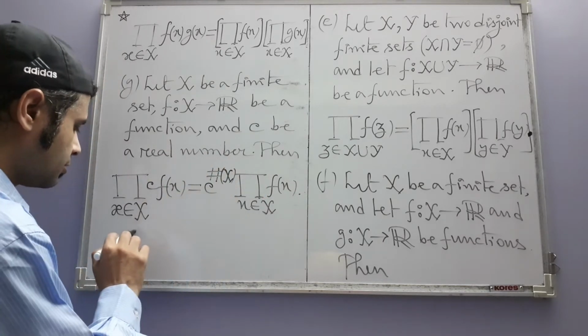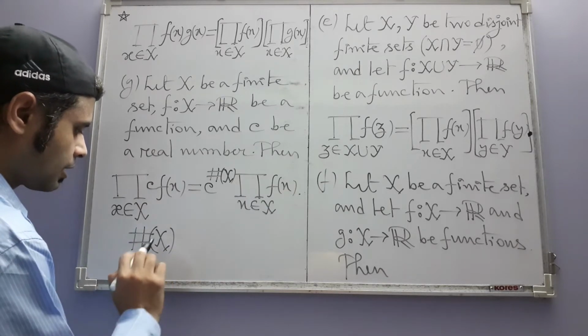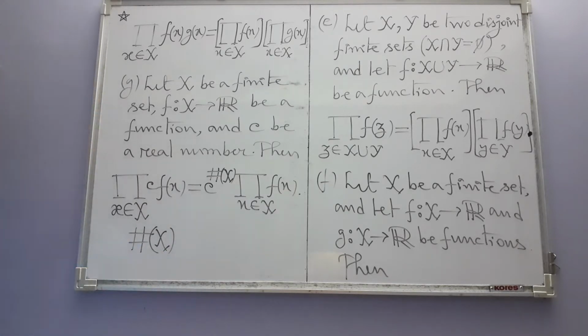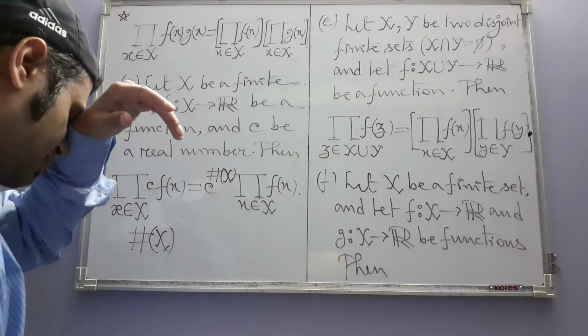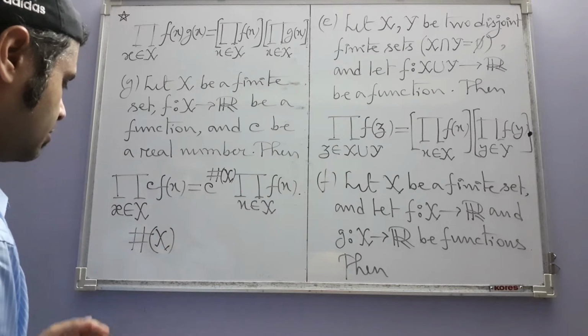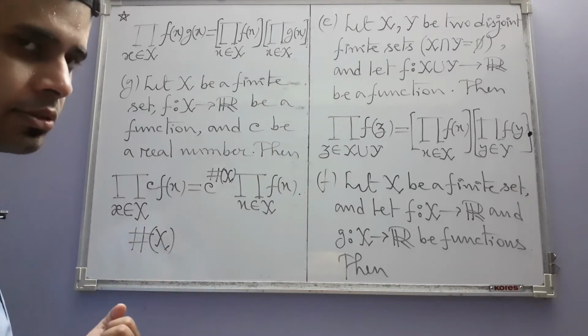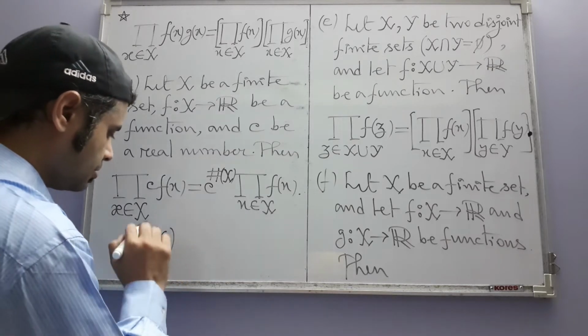This notation, recall, denotes the cardinality of X, or more simply it is just the number of elements the set X has. Different mathematicians use different notations for this same thing.